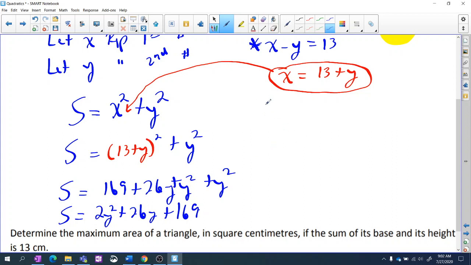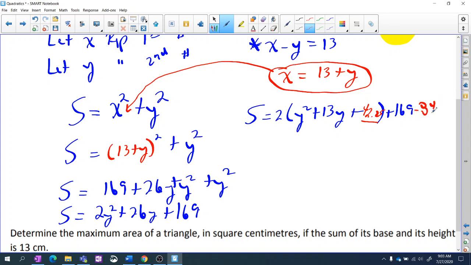So we're going to go S equals 2y squared plus 13y, plus, still have our plus 169. So half of 13 is 6.5. 6.5 squared is 42.25. Multiply that by 2 is going to give me a positive 84.5.